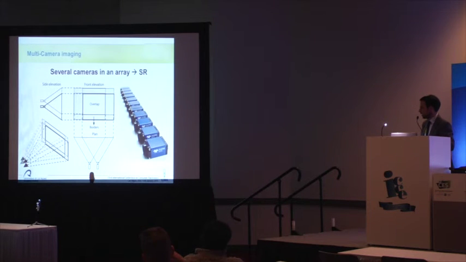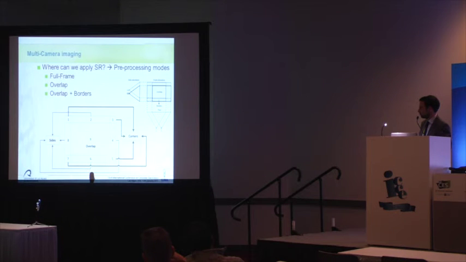Imagine that we have 4 cameras, 1, 2, 3, and 4. We'll have an overlap in all the cameras, and then we will have other regions, and we are going to see in detail how much information we are getting.